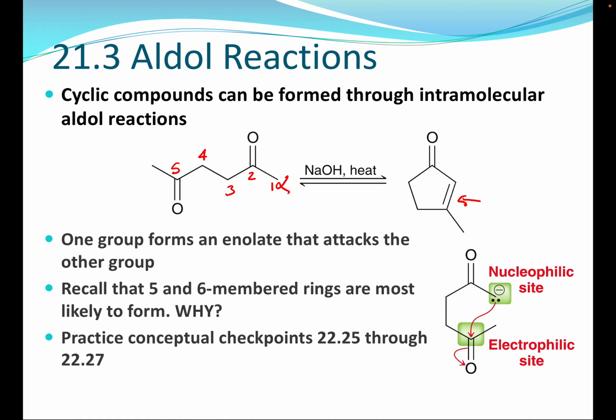So down at the bottom of the slide, I have illustrated for you what that deprotonation would look like. It would give us an enolate nucleophilic site, and now I've kind of rearranged the molecule so that you can see that the nucleophilic site is actually quite close to the carbonyl, the electrophilic site within the same structure.